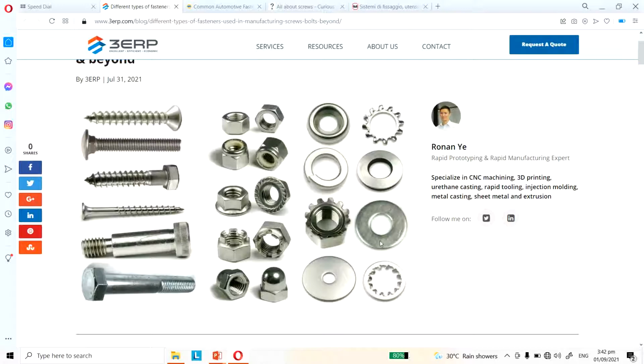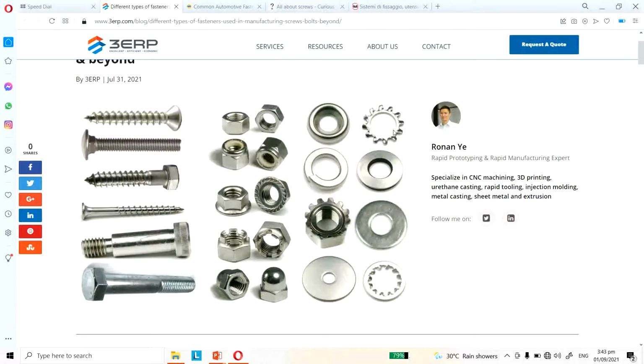Okay, so those are some of the types of washers, and we also have this type of washer, which has a cut right here. It's actually a spring washer, spring lock washer. And we have washers like this one. I think this is an external tooth washer.